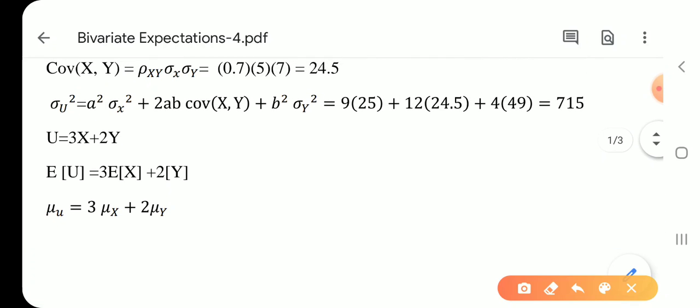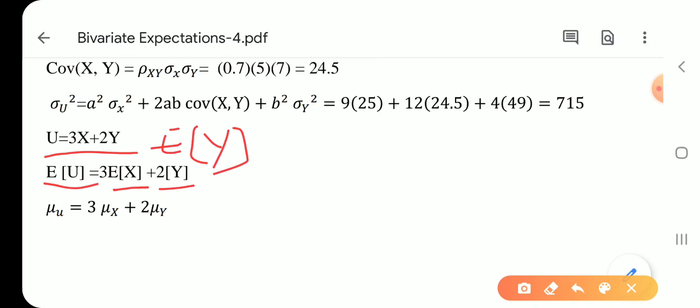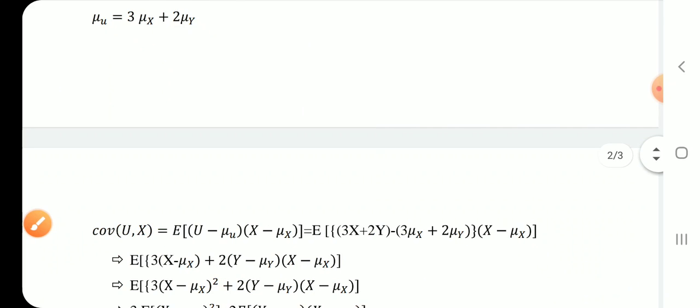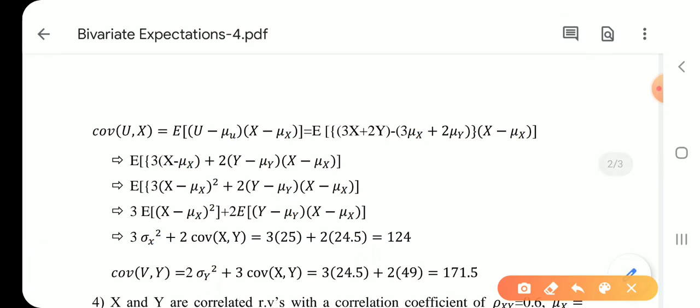U is given to be 3x plus 2y. Let us put the expectation on both the sides. We get E of u is equal to 3 times E of x plus 2 into E of y. E of u is nothing but mu u, E of x is mu x and E of y is mu y. So, mu u is equal to 3 mu x plus 2 mu y. We have derived it, now we can substitute it in the formula.